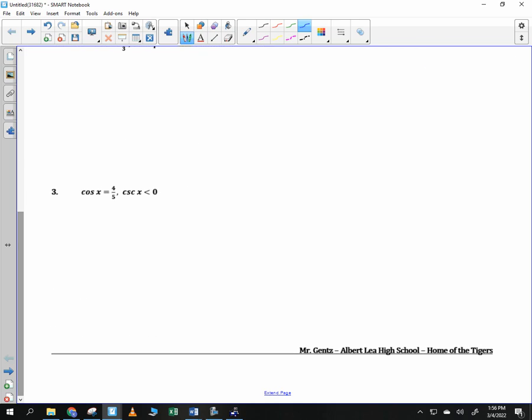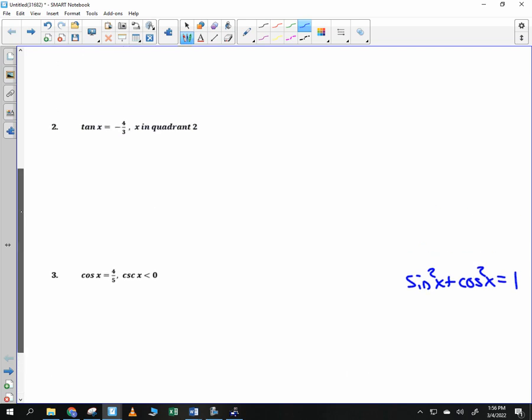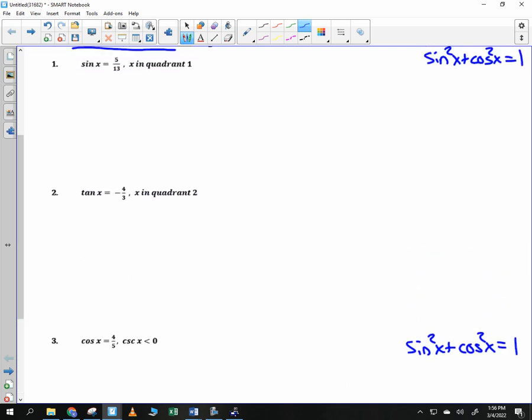For number 3, you're given cosine. True or false? You're going to have to come up with sine. So what formula could you use? Look at number 2. Are you given sine or cosine?